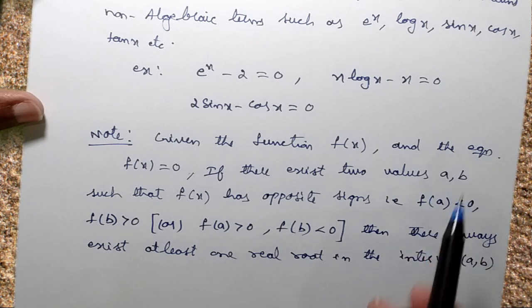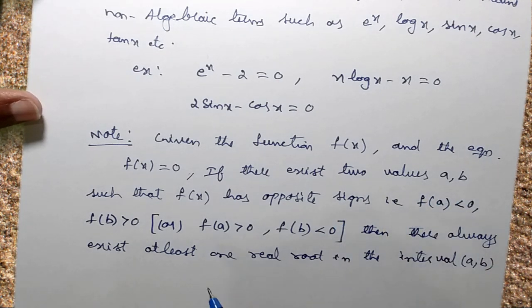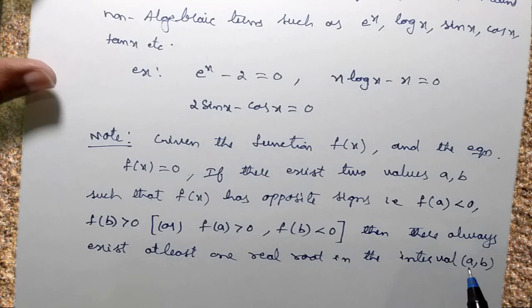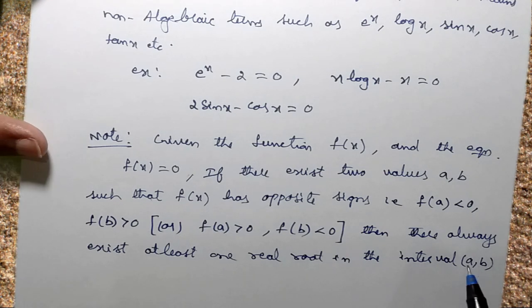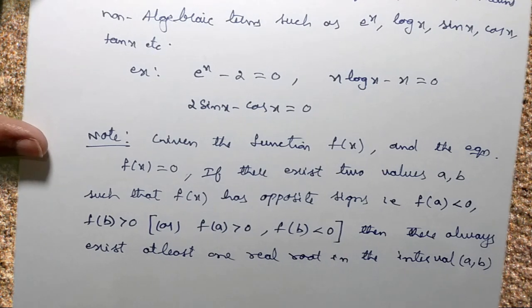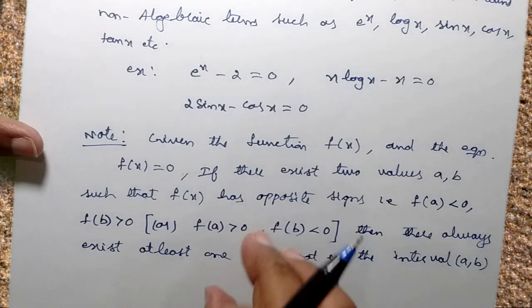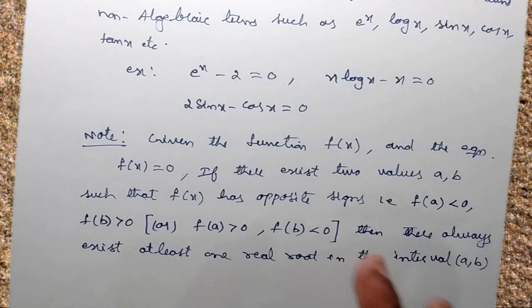Whenever you take a, b, and one becomes positive and one becomes negative, there will always exist at least one real root. It can even be more than one real root in this interval a, b. So this is how you can find the real root for any equation.